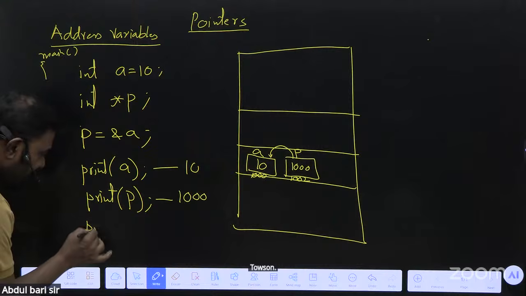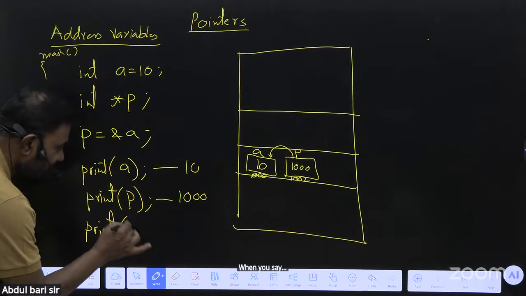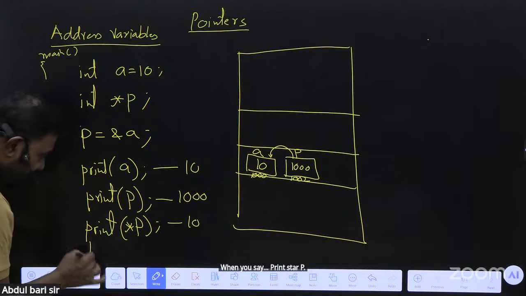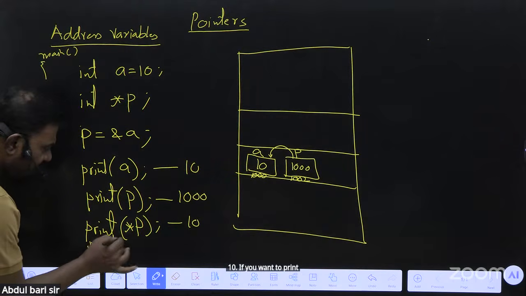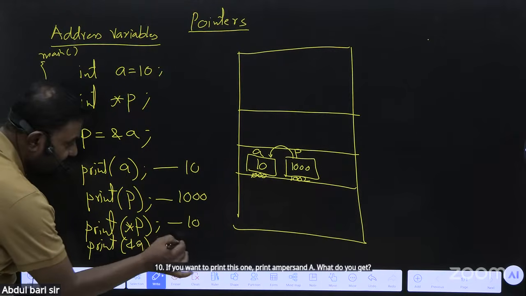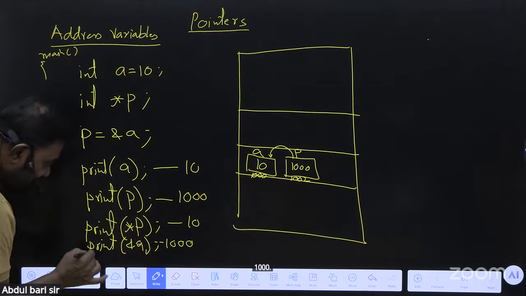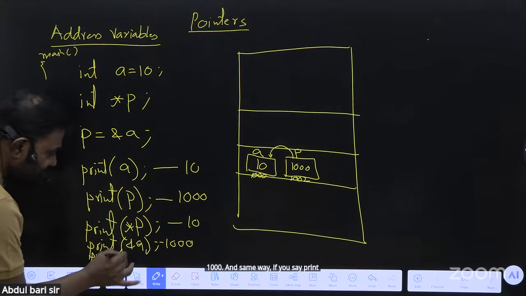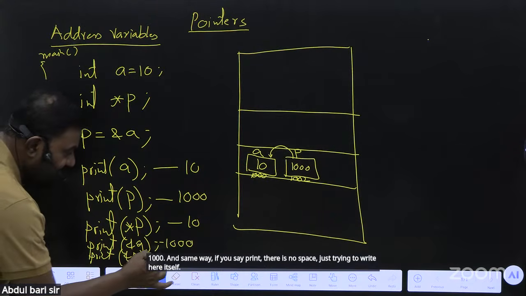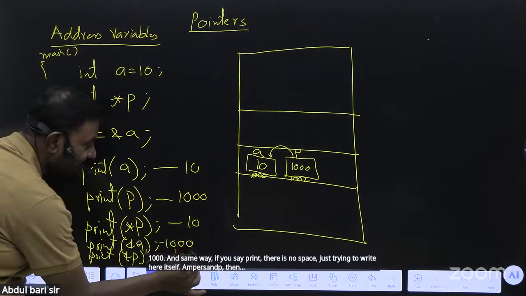When you say print star p, 10. If you want to print this one, print ampersand a, what do you get? 1000. And the same way, if you say print ampersand p, then 1002.